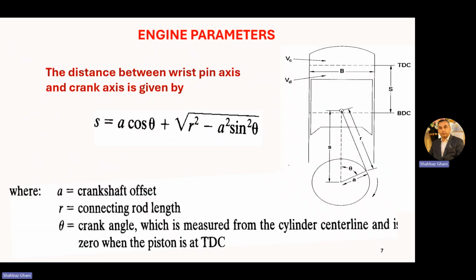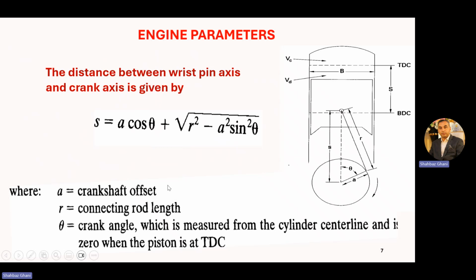Now, the distance between the wrist pin axis and the crank axis is defined by this equation. Remember this figure. S is equal to a cos theta plus the square root of R squared minus a squared sine squared theta.